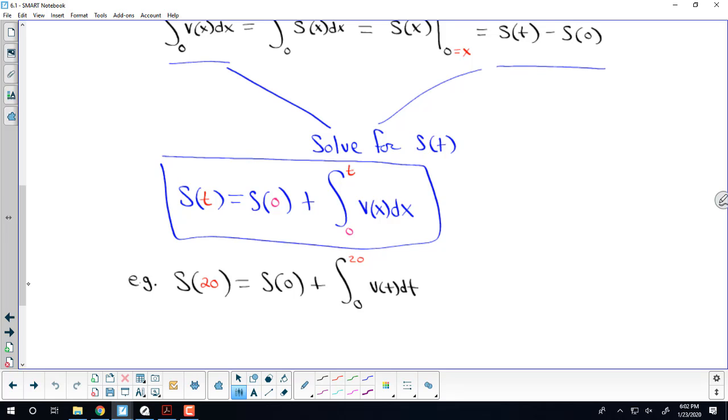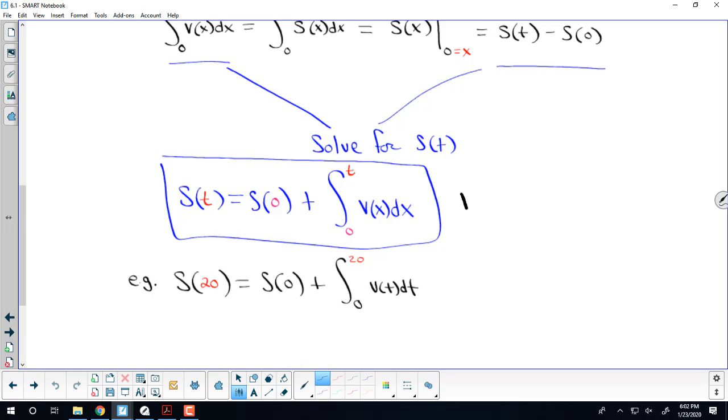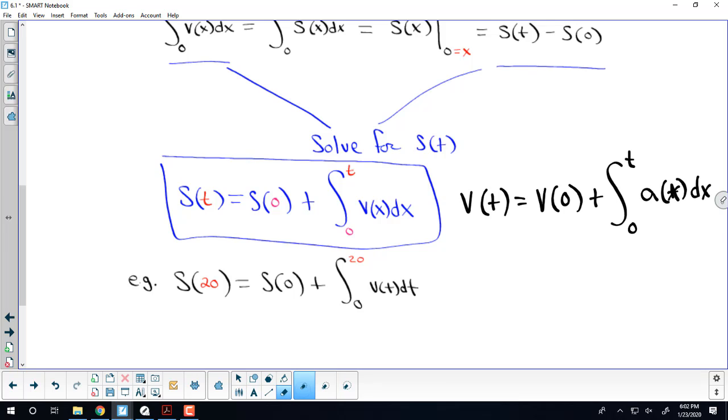So we could just make a similar statement with regard to velocity and say that v of t is the initial velocity plus the integral from 0 to t of this function's derivative, right? So v prime, a of x dx, and in the same way get the velocity function from acceleration.